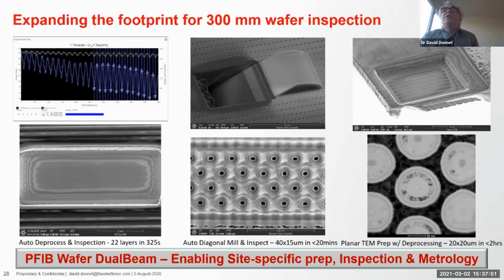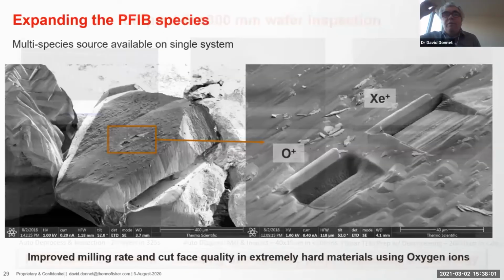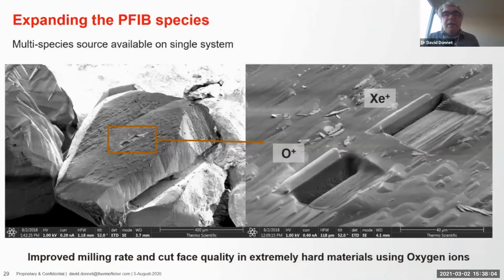So we're starting to see traction for the wafer version of this within the 3D NAND community. We're also expanding the species. So everything that I've talked about until now has been talking about a xenon source.